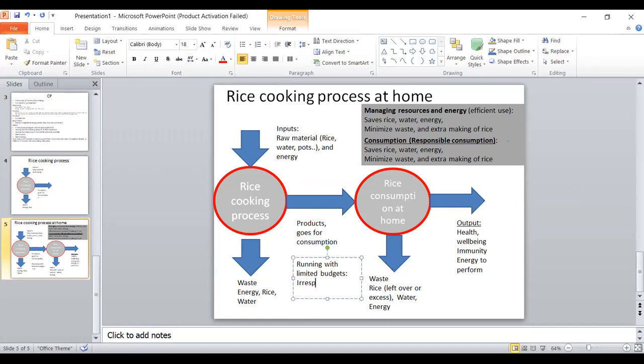Irresponsible consumption makes the budget heavier. So this is the issue. The problem is that it is unnecessarily heavier, that's why.